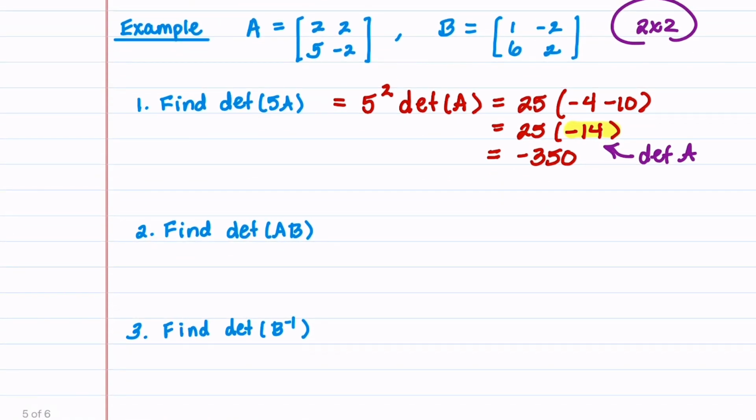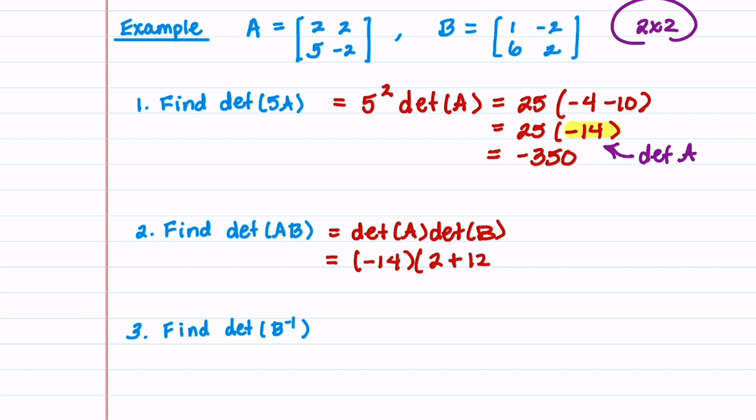For our second problem, we want to compute determinant A times B. So this is going to be determinant A times determinant B. Determinant A we found to be minus 14. And then determinant B is going to be 1 times 2 minus a negative 2 times 6.